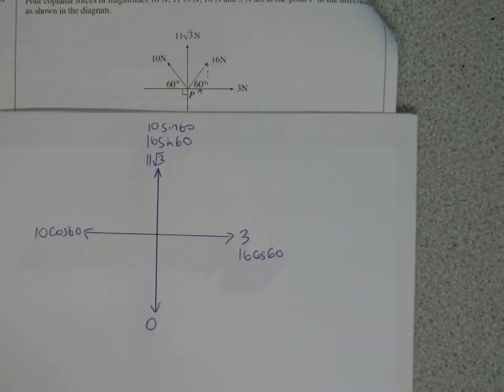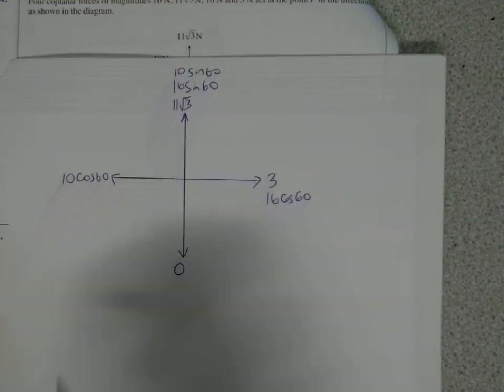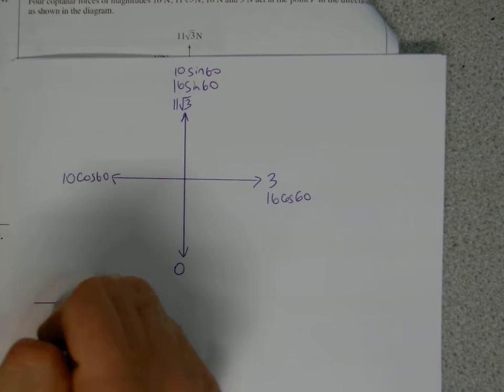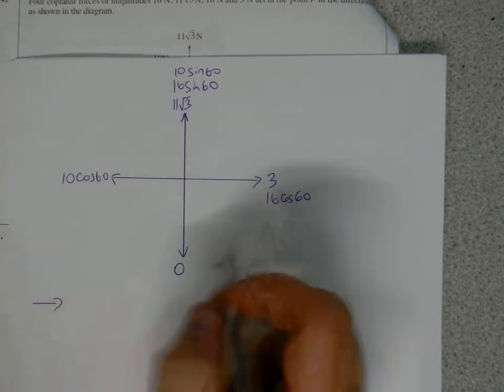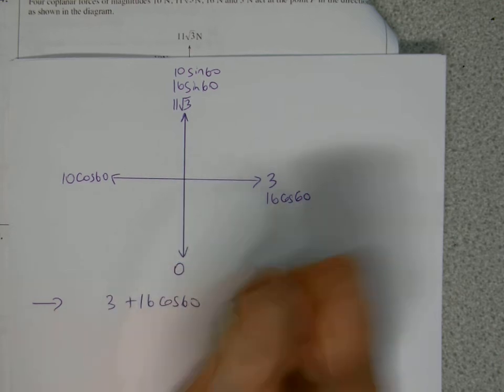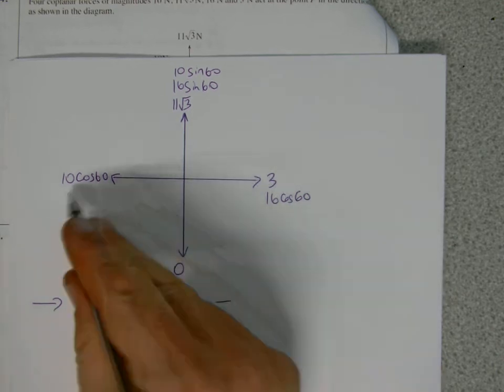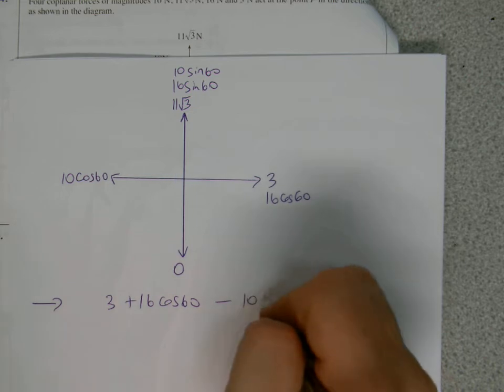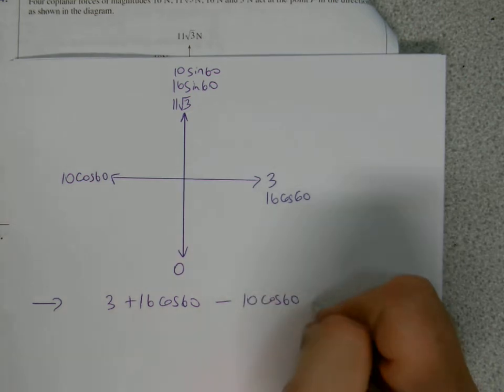So we'll resolve then along the x direction. We'll have 3 plus 16 cos 60 going this way, and we take away the force going the opposite way, which is 10 cos 60. So we can work that out.